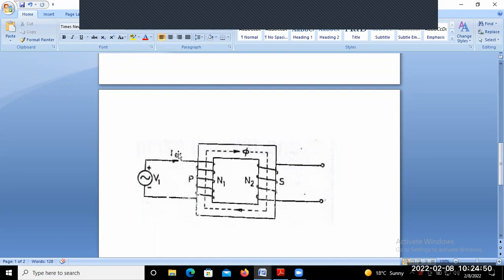Due to this current, MMF is produced in the primary coil, and that MMF is responsible for flux production. So what is the MMF value?